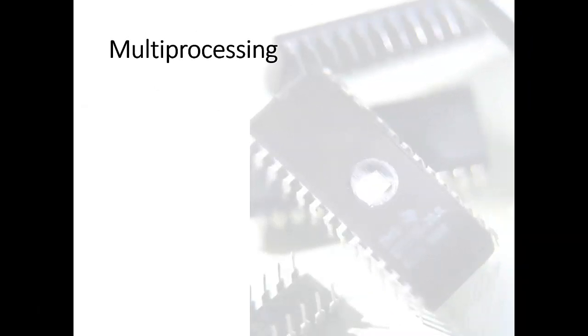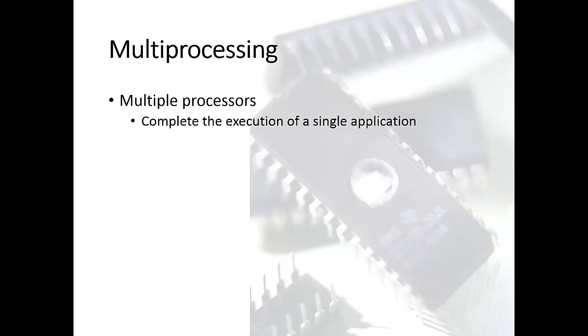So the next type is multiprocessing. In this scenario, there are multiple processors involved completing the execution of a single application instead of multiple applications. There are mainly two different types of multiprocessing.